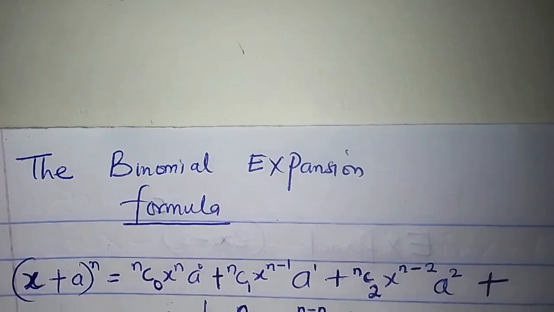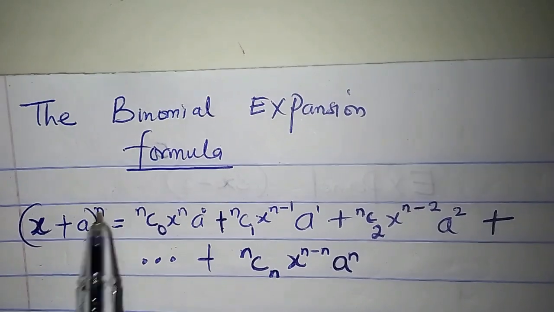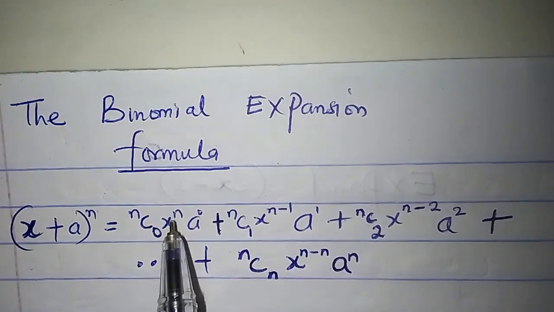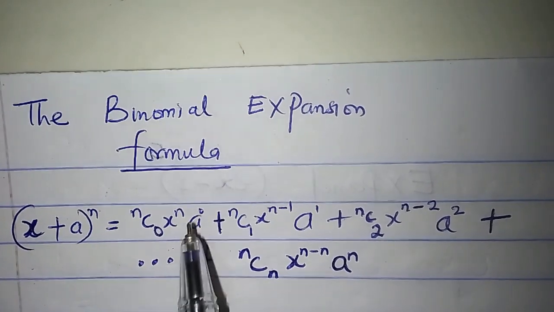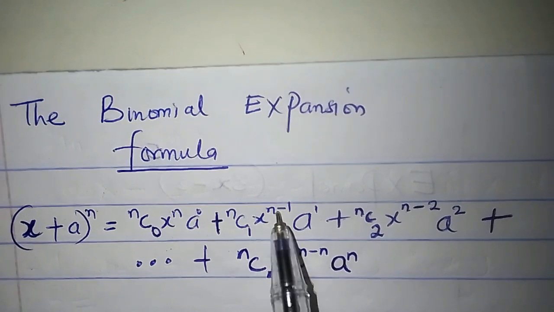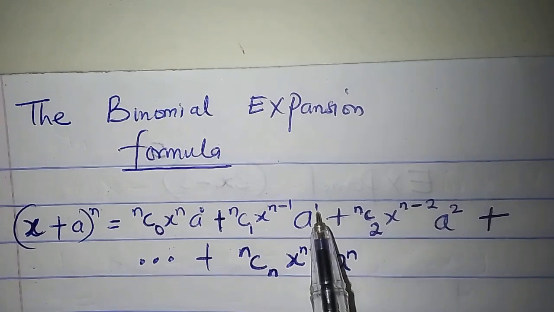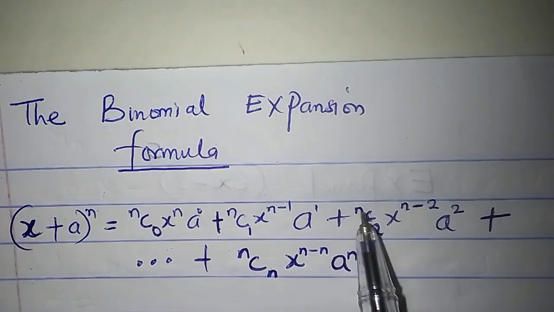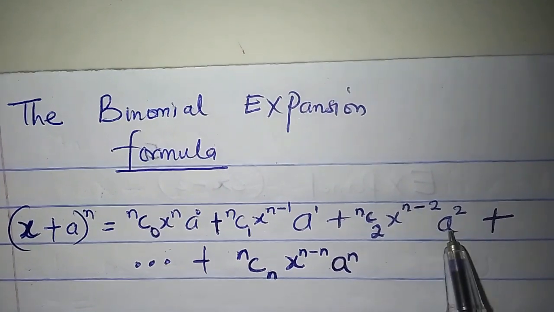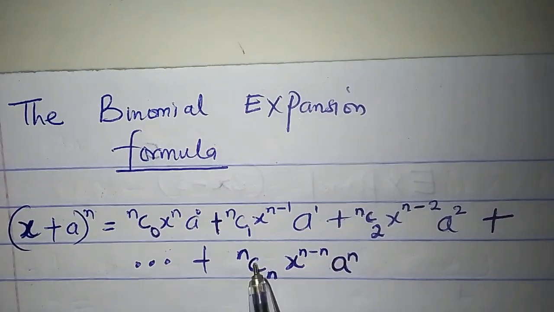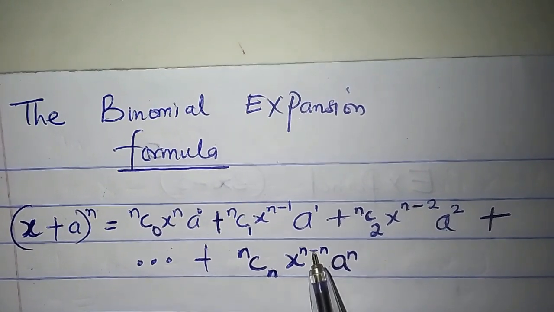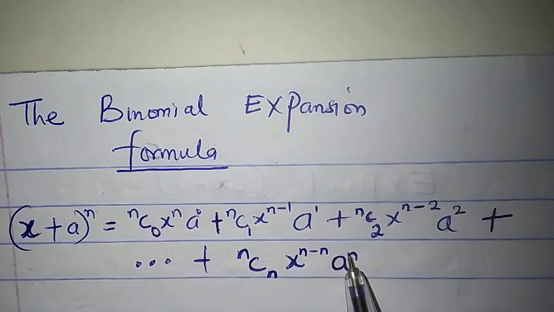Now this is it. (x + a)^n is equal to nC0 times x to the power of n times a to the power of 0, plus nC1 times x to the power of n minus 1 times a to the power of 1, plus nC2 times x to the power of n minus 2 times a to the power of 2, down till nCn times x to the power of n minus n times a to the power of n.